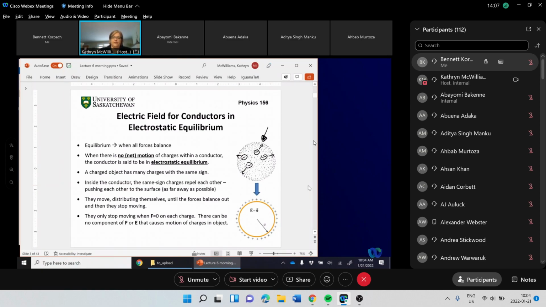They basically get to the surface and they'll move until all of the forces eventually balance out, and then everything becomes still and it's at equilibrium. So eventually it will come to a balance where the charges are sitting on the surface. Charges will spread out to the surface and then adjust themselves until all the forces balance out, and then they're at rest, and that's its lowest energy state.